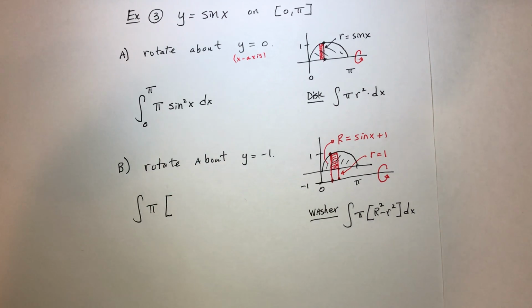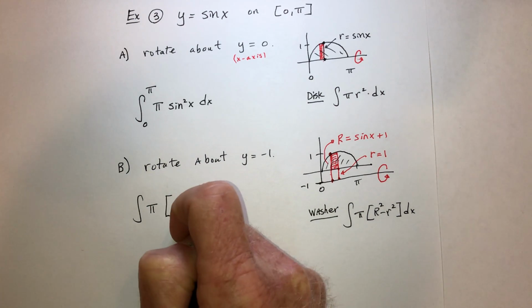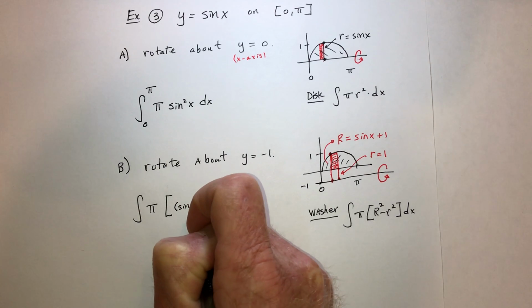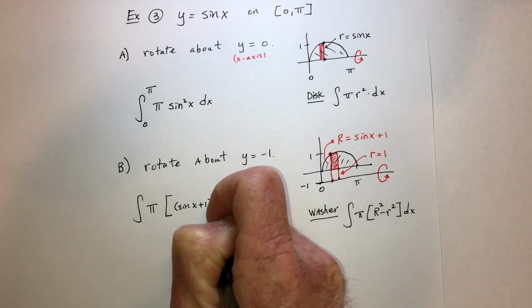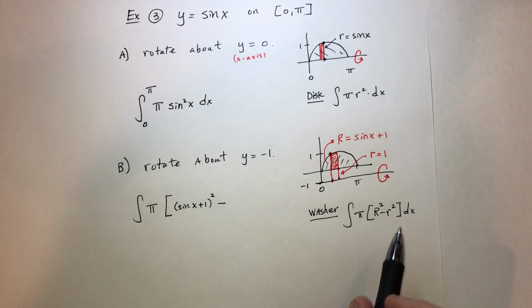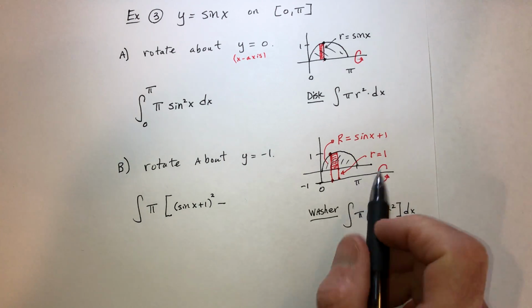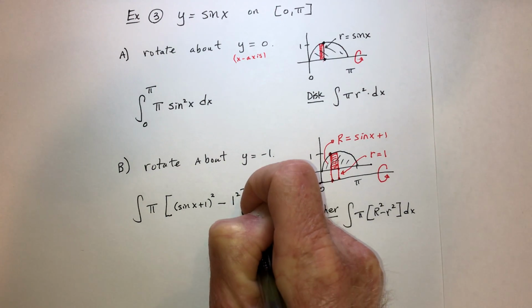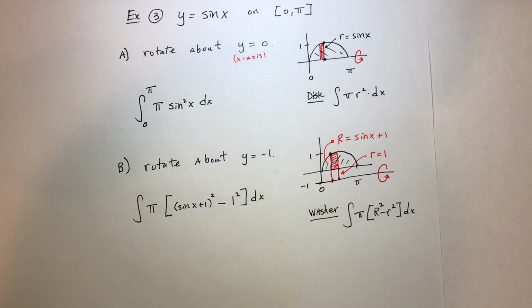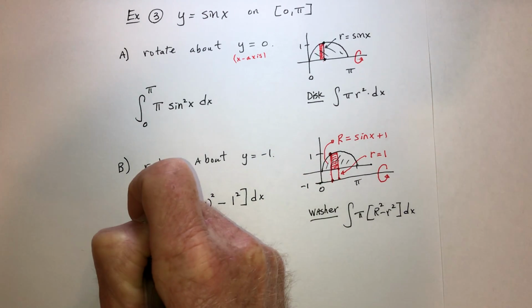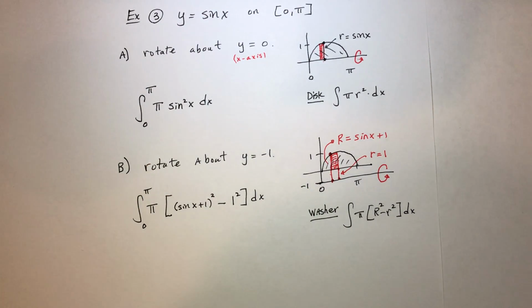So the pi has to be times everything. And then I need extra parenthesis for sine of x plus 1 has to be squared. Minus the little r squared, so minus 1 squared. And then it's going to be dx with x going from 0 to pi. Hey look, double pi's.